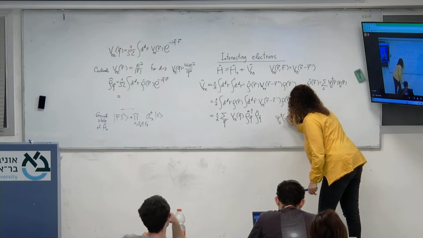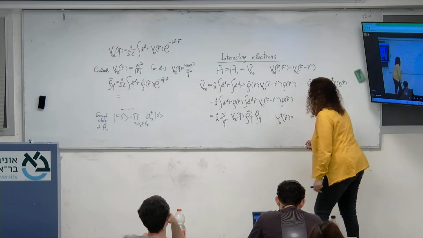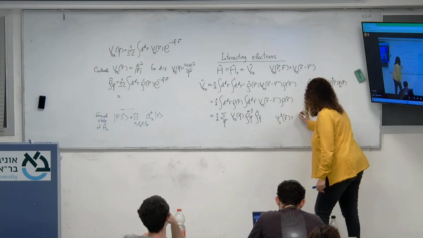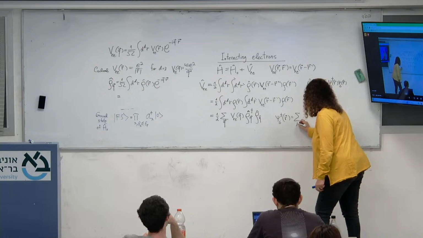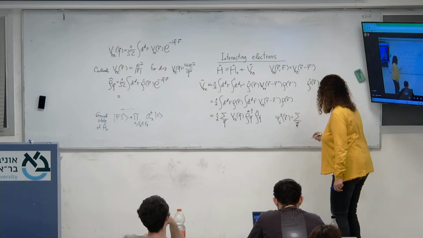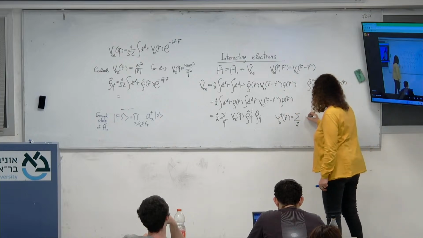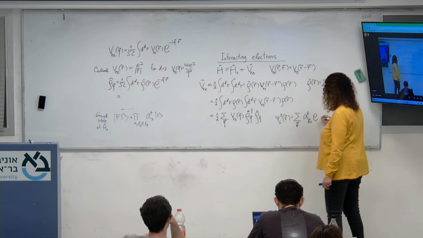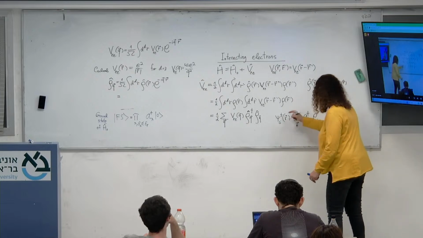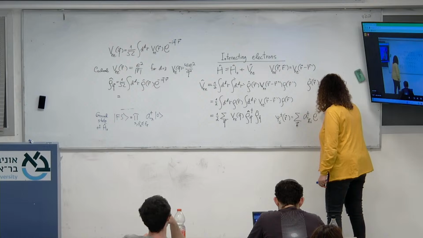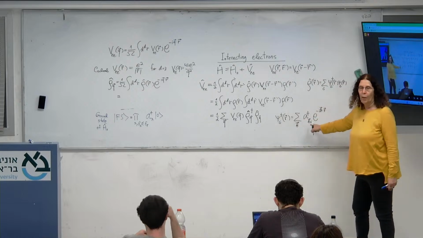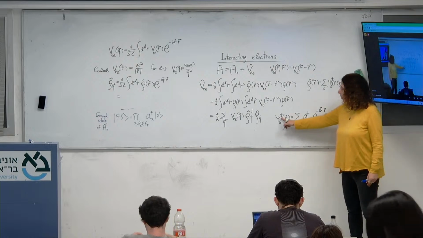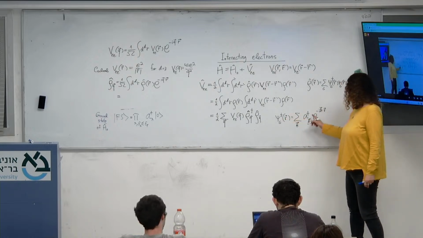Psi dagger of r is a sum over k. This is the Fourier decomposition of a dagger k sigma e to the minus i k r, because it's a dagger, it's minus k. Okay? This is the Fourier components of the operator psi dagger, and for psi you have the same thing but with plus here and a.